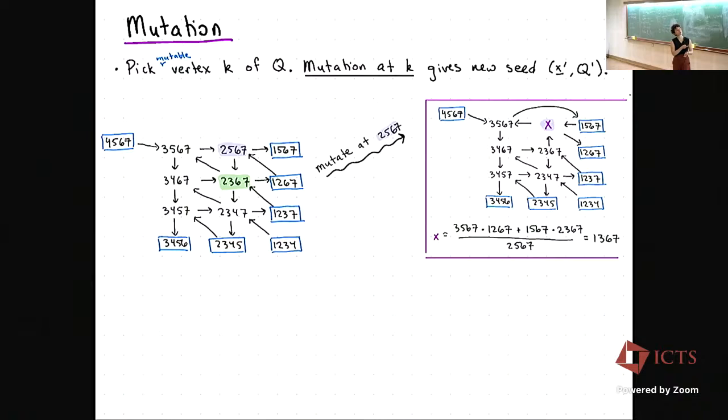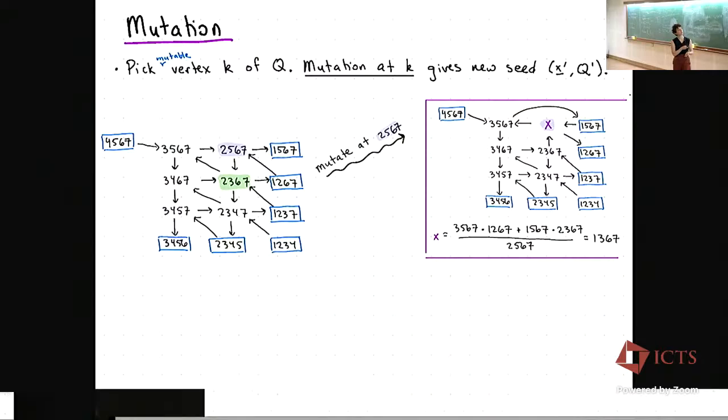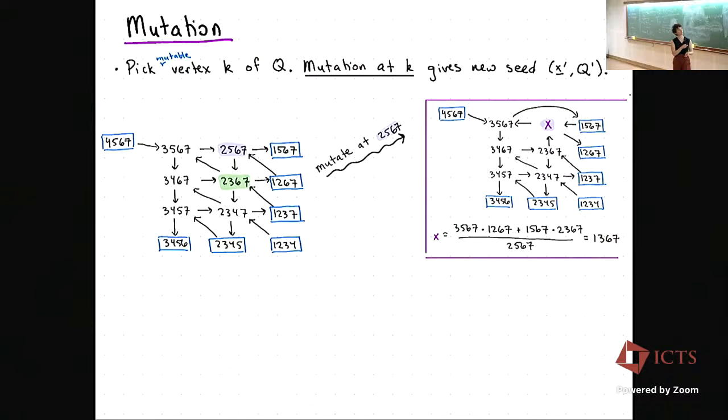And then the numerator is always going to have two terms. Let's look at this term, 3, 5, 6, 7, 1, 2, 6, 7. The things in that term just come from looking at this quiver and seeing what points in to 2, 5, 6, 7. So one term comes from what points in, and the other term comes from what points out. That's 1, 5, 6, 7, 2, 3, 6, 7. So the quiver tells you exactly how to update your cluster variable when you mutate.